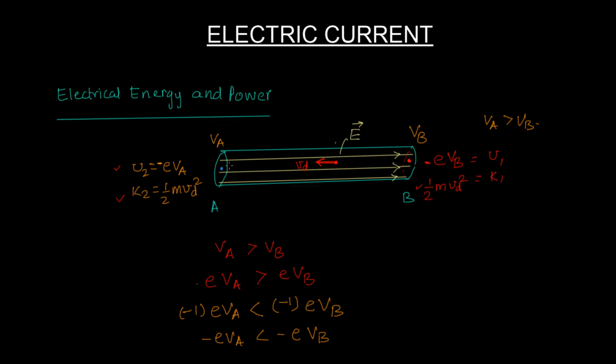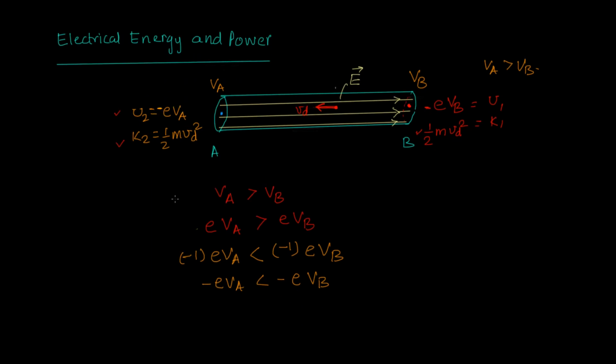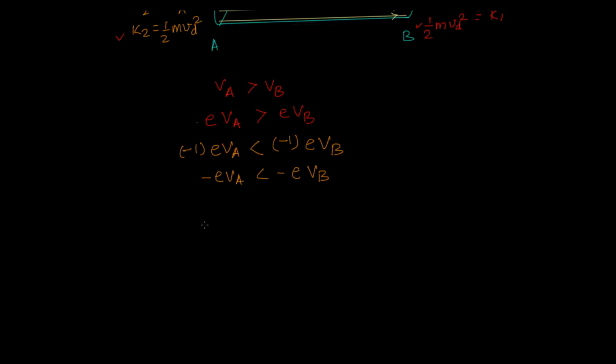Had this not been colliding with so many electrons in between, what would I have expected? I would have expected this velocity to be higher. But this is not becoming higher. So the potential energy is not getting converted into the kinetic energy. The total energy at A is less than the total energy at B, because the KE remains the same and PE has gone down.